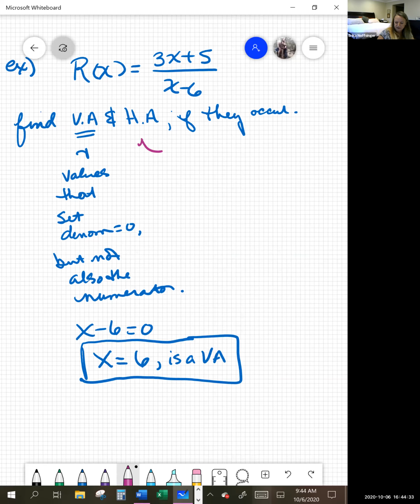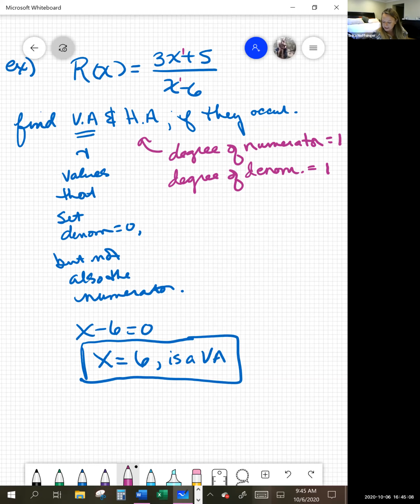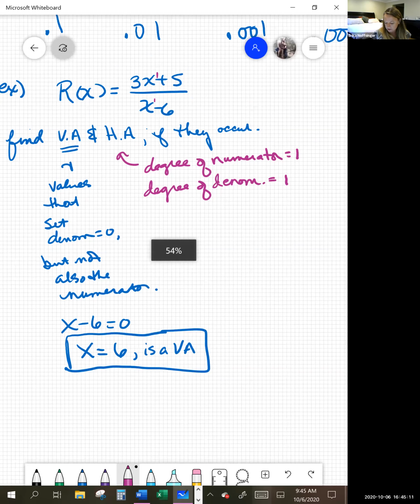Here we need to look at the degree of the numerator, and we need to look at the degree of the denominator. So the degree is the exponent of the variable to the highest power. It's not shown, so it is 1 for both. If they're the same, we have to look at the leading coefficient of the top over the leading coefficient of the bottom.